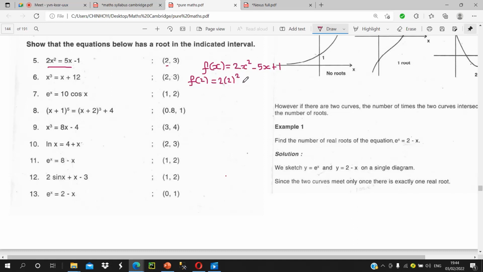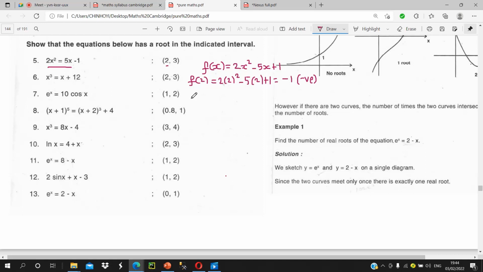It's part and parcel of the working, whereby you are going to get all your method marks. Then plus 1 here, and what do you get? Minus 1. And you can indicate that minus 1 is negative.